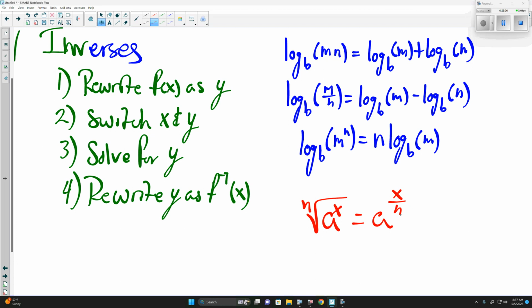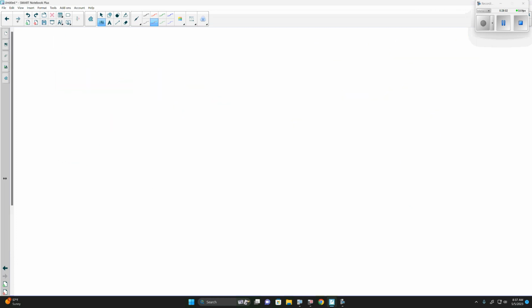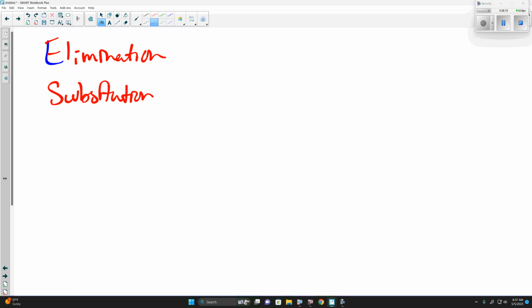Solving systems. There are several different ways. Elimination and substitution are the two main ways to do these by hand that we went over, especially with linear functions.